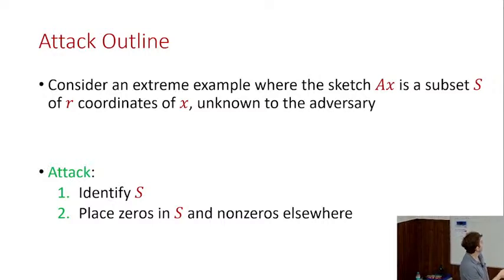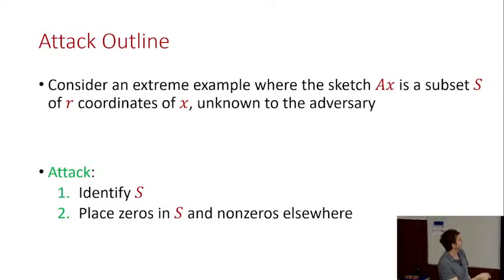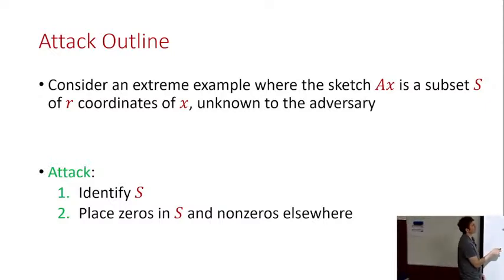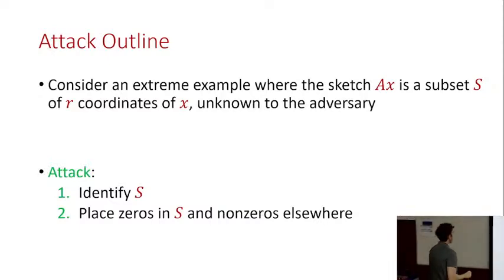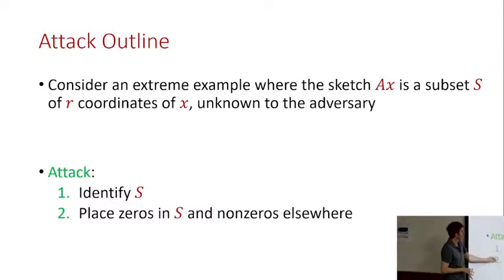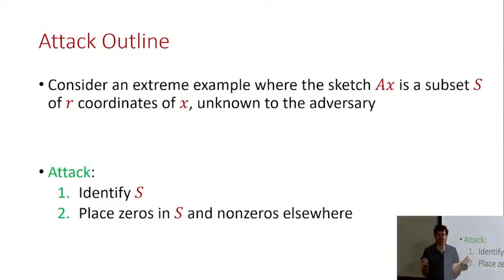So let's consider the extreme example I talked about, where the sketch A times x is just a subset S of R coordinates of x, unknown to the adversary. Okay, so this is just sampling a subset. So the attack, in this case, boils down to the following. The first step from the previous slide reduces to identifying S, this sampled set of coordinates.